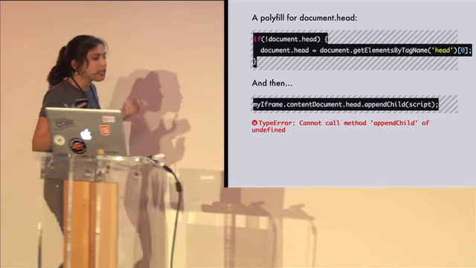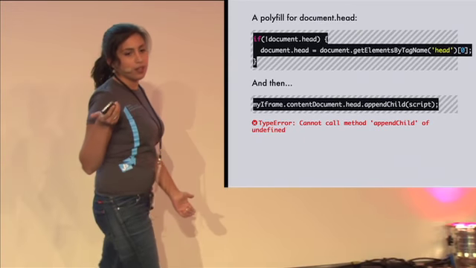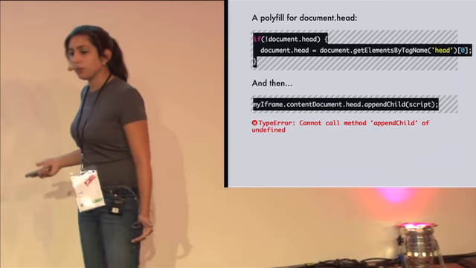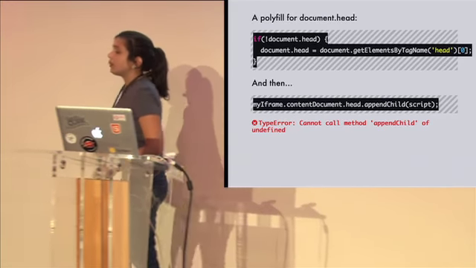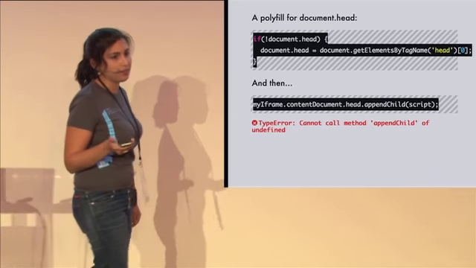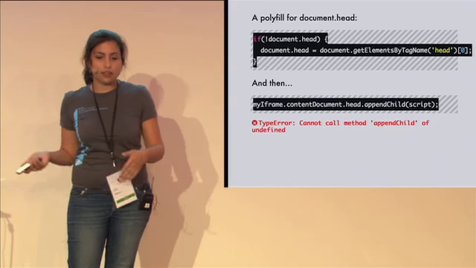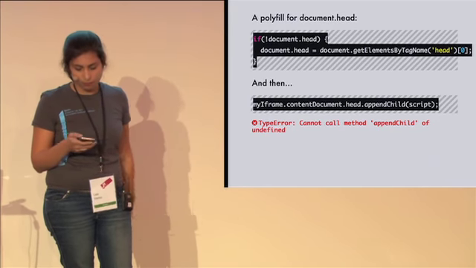I mean, it gets really messy. We don't want that. That's fine. That two-line polyfill is what most people want. They don't want a huge script that's super intrusive and easy to break, just for document.head. After all, instead of doing that, they'll just assign the head element to a variable and get it over with.